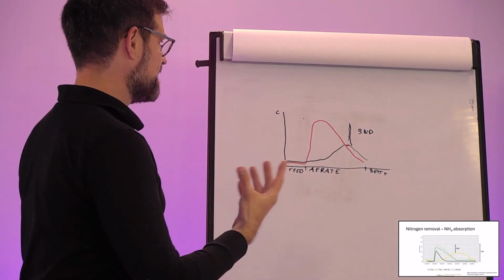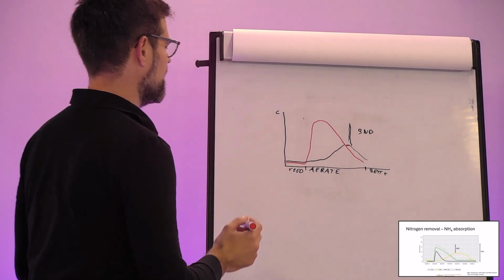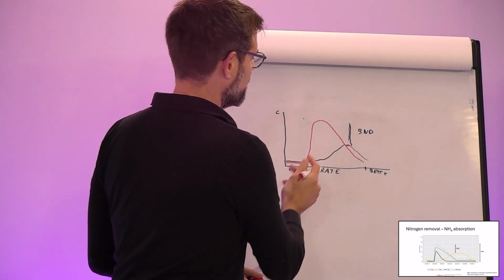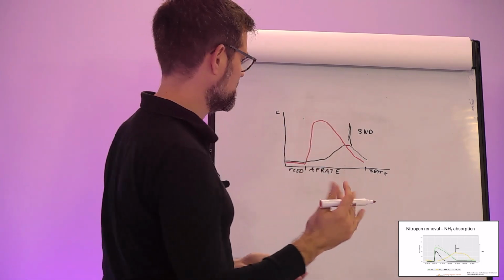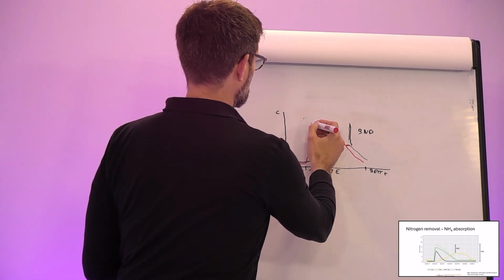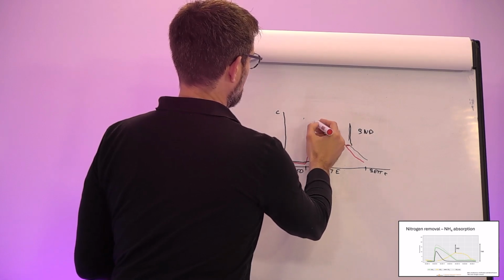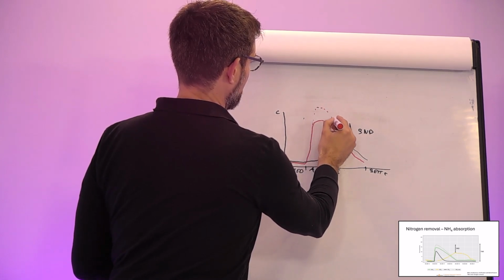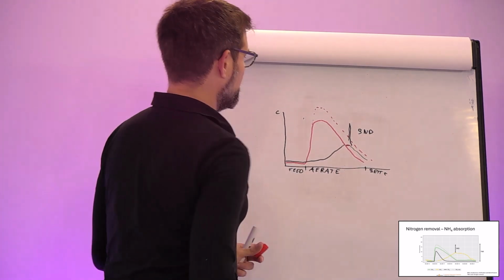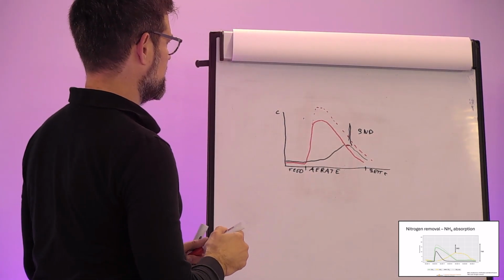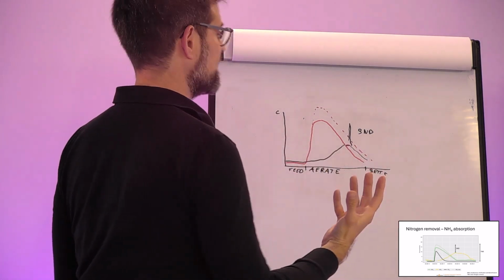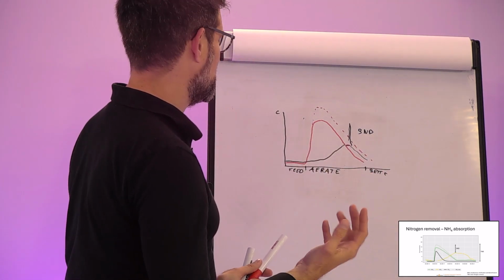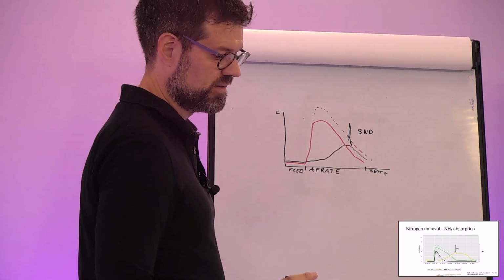In practice, part of the ammonia you fed to the reactor will disappear from the sensors because it's absorbed to the granules. That means this peak is higher than we think, roughly about 20%. So the peak is always something like 20% higher than what we see on the sensors.